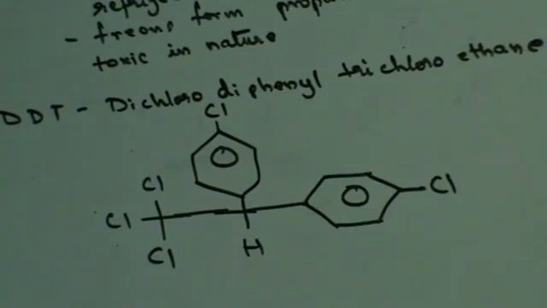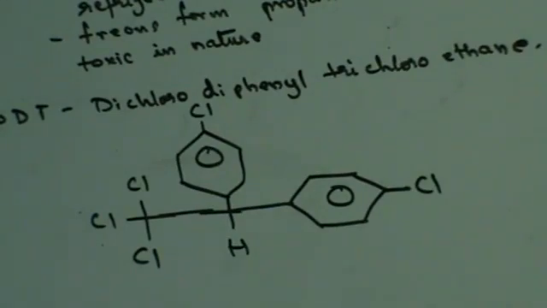Dichloro diphenyl trichloroethane. Now this is a chlorinated organic insecticide. It was discovered by Paul Mueller in 1948.